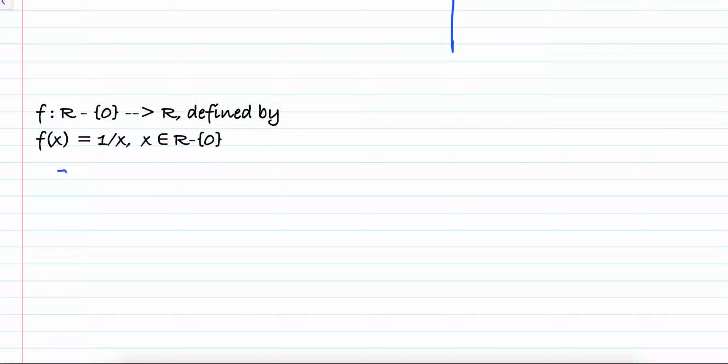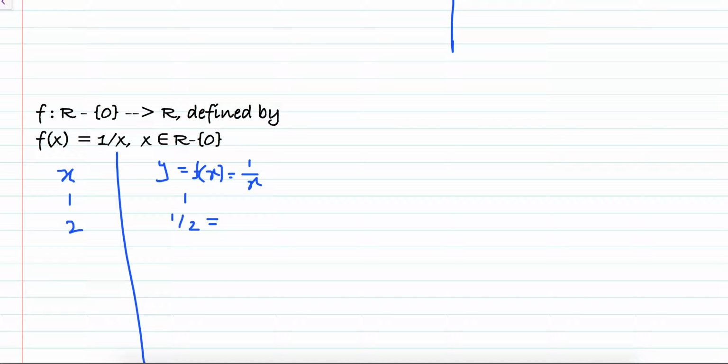So again I will write x, and here I will write y is equal to f(x) is equal to 1 over x. So for 1 it's 1, for 2 it's 1 over 2 or 0.5.